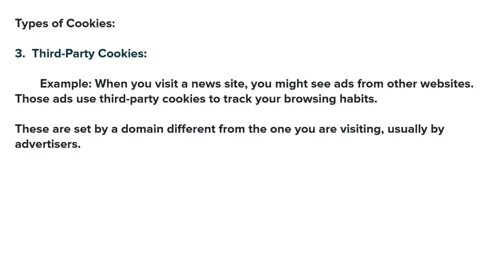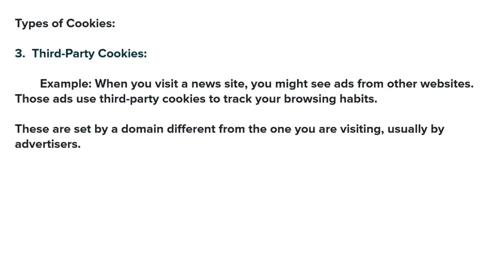These cookies are set by a domain which is different from the one you are visiting, because you can be visiting, let's say, xyz.com. On that xyz.com you can see the advertisement of some abc.com as well, because it is handled by third party cookies.